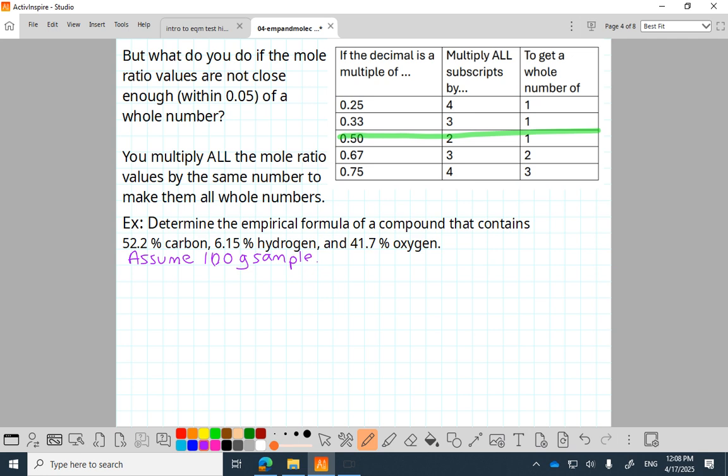If you want, it doesn't really matter. You can write out the words, you can write the symbols, you can fully write it all out with the formula. You do not need to use a chart. But again, I like it because then I can organize the information. 52 goes under carbon. Its molecular weight is 12.01.